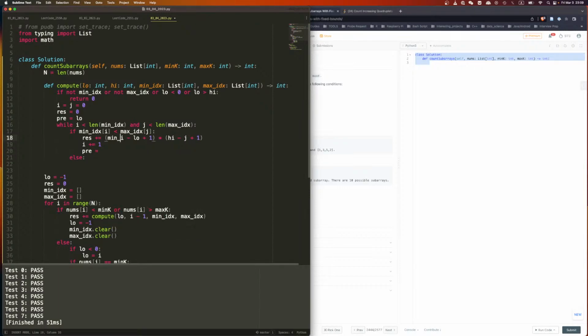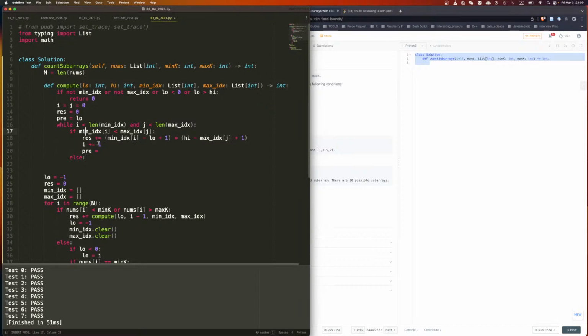This is min index i. So low is the index, and this is max index j. No wait, this is right. This is the index, so i plus equal 1. So we go to the next index.